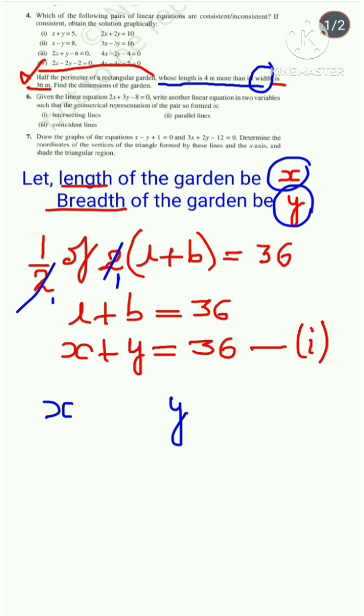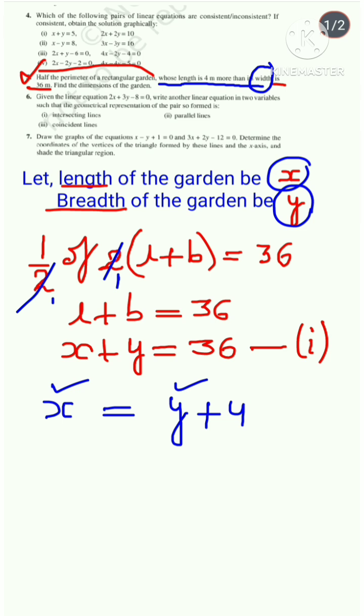According to this condition, x is already 4 more than y. So to make x and y equal, firstly we have to add 4 with y. Now it has become equal to each other, right?